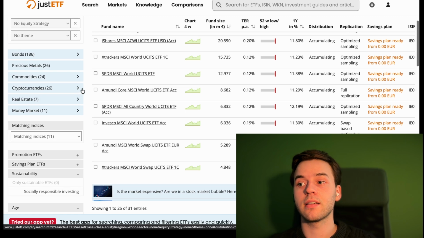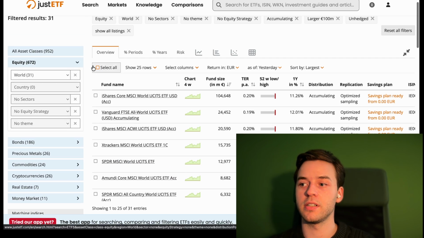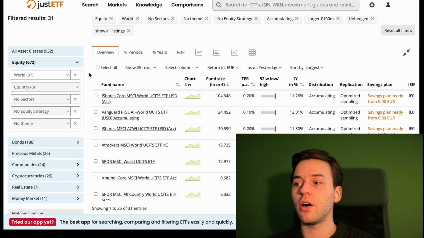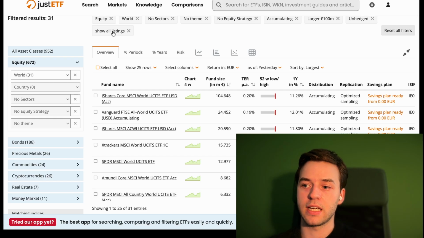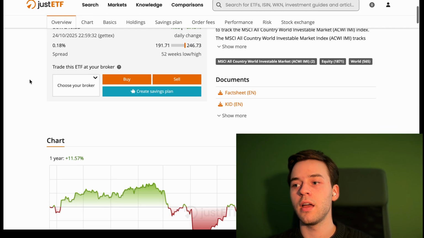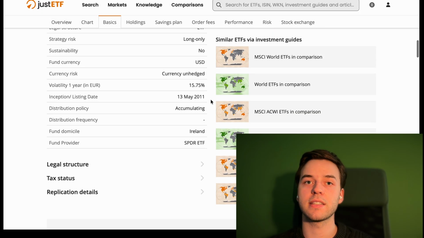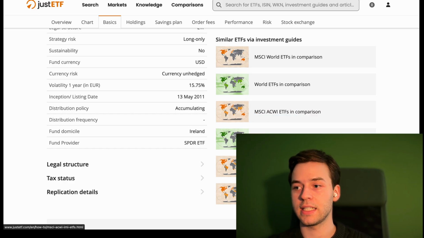While it sounds like with the MSCI World you would invest into the world economy, you actually only invest into the developed world countries. The counterpart of the MSCI World would be the MSCI Emerging Markets, together creating the MSCI All Country World Index.